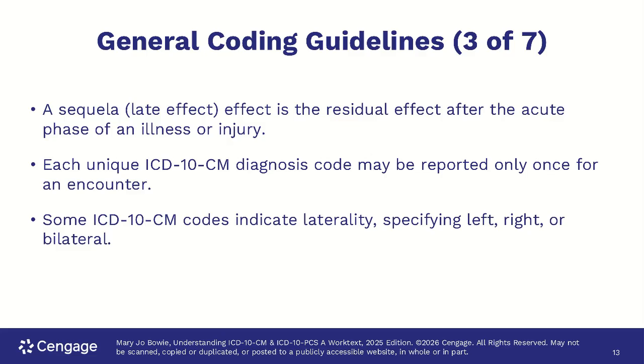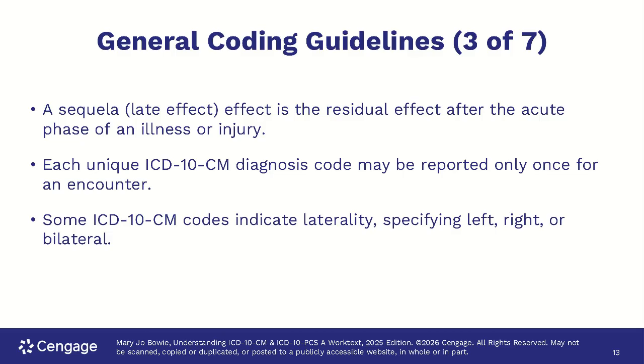And then months later, a scar formed on my arm, and it was a late effect of that burn. All right, next guideline basically says that when you are reporting a single diagnosis code, you can only report that individual code once per encounter. This is important because some codes in our system do include what is known as laterality, left or right, or bilateral.